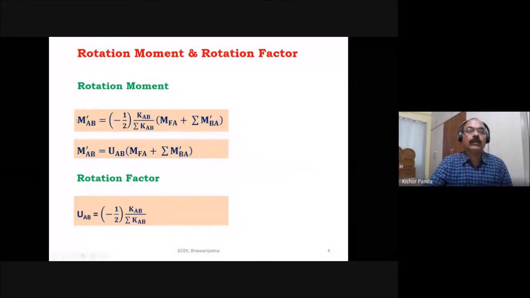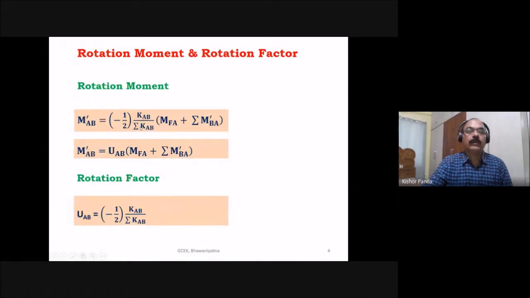The near end rotation moment you can find out by this formula. Minus KB divided by summation of KB is equal to UAB, which you can denote by UAB. So this is the rotation factor. The rotation factor UAB is equal to minus KB divided by summation of KB. So this is the formula for the rotation factor, and M dash AB is equal to UAB into MFA plus summation of M dash BA.